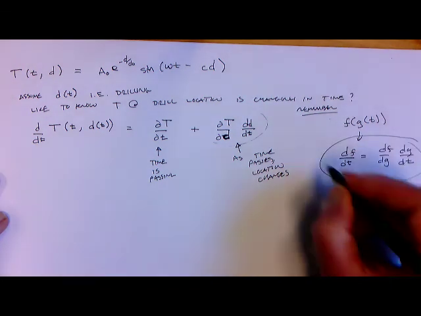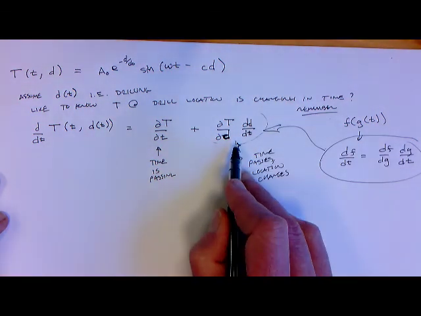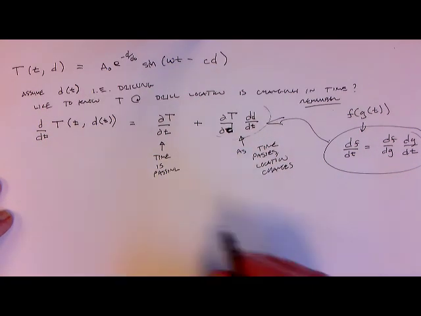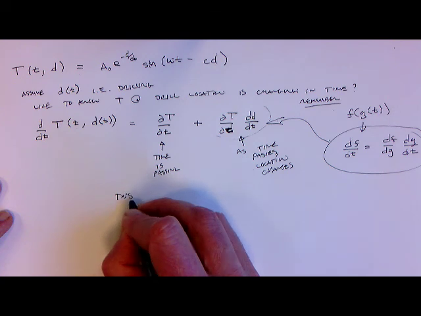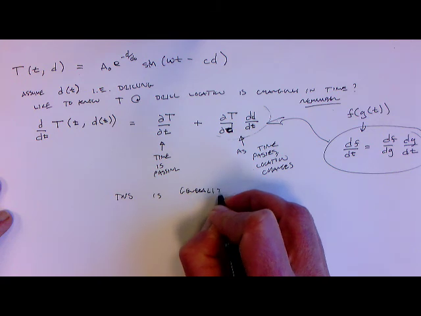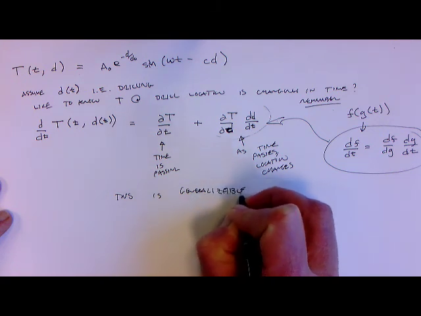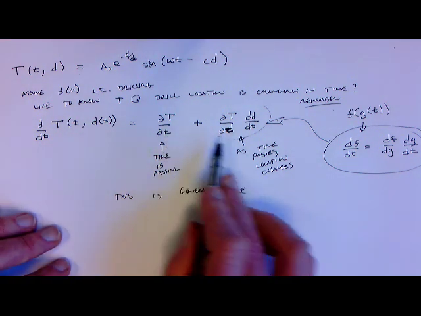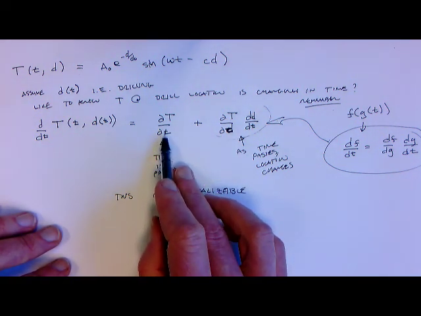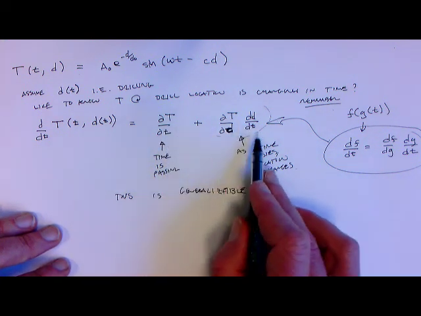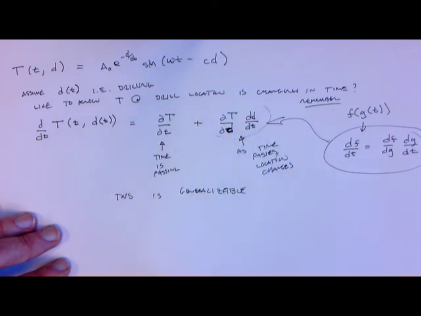So this kind of idea is what leads us to this expression here. And that's a generalizable idea, and you can see more about this in Stewart. I don't think I'll say any more about it other than to explain this idea that you need to take into account the way that not only the function might depend explicitly on something, but also the way that the function might depend implicitly on something through a dependence in another variable.